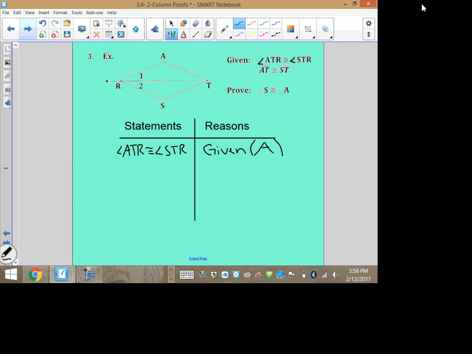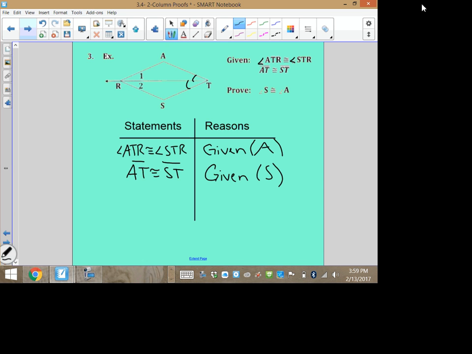So I'm going to mark that on my picture. ATR is congruent to STR. And then I also know that segment AT is congruent to segment ST, and that's also given, and that's a side.